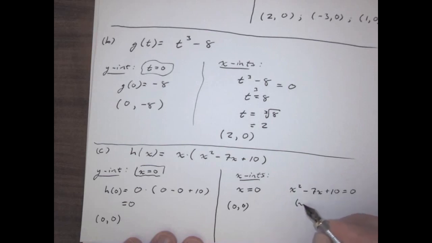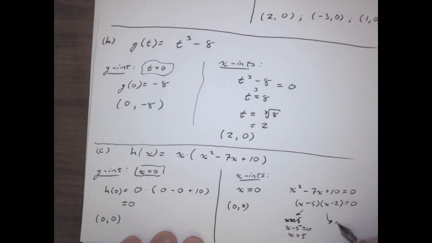But this can be factored to x minus 5 and x minus 2 equals 0, which then leads us to x minus 5 equals 0, which means x equals 5. Or x minus 2 equals 0, which leads to x equals 2.